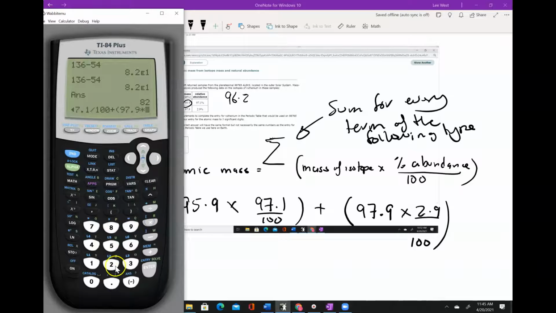I'm going to put that first term in parentheses too. Okay. So I put both of those terms in parentheses just like I wrote it on the whiteboard. There we are.